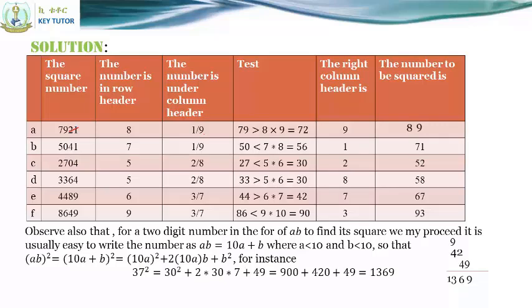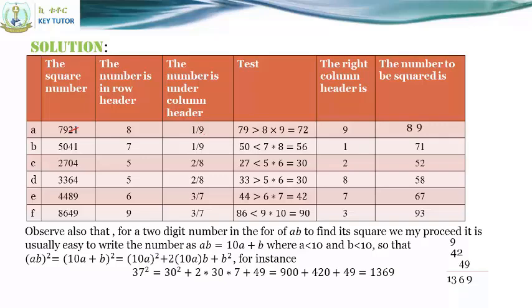In the case of 2,704, the last digit is 4, meaning either this number exists in the column of 2 or 8. For the row, by deleting 04, you get 27, and 27 is between 25 and 36, two consecutive perfect squares.